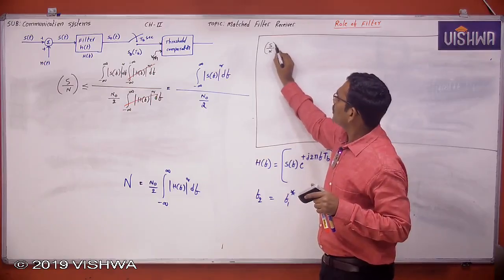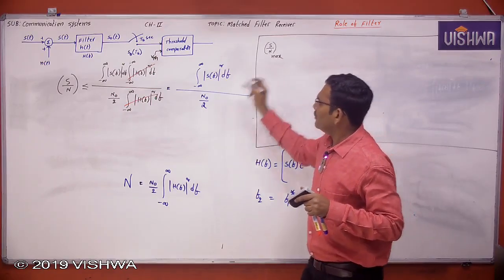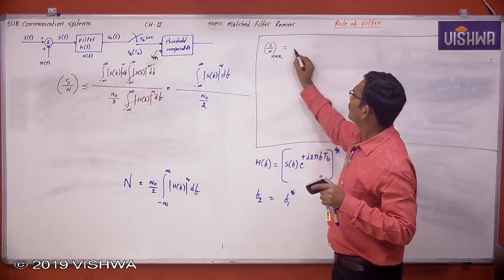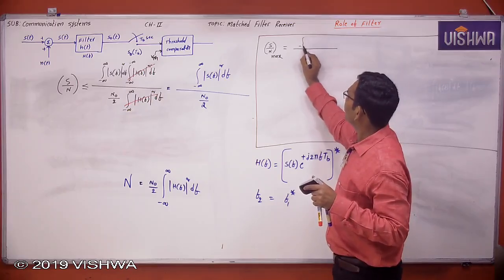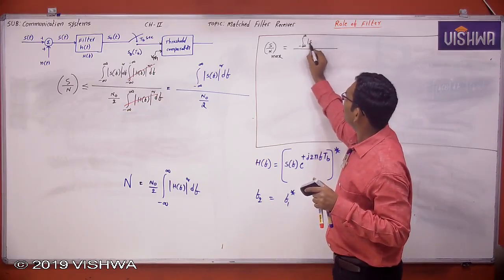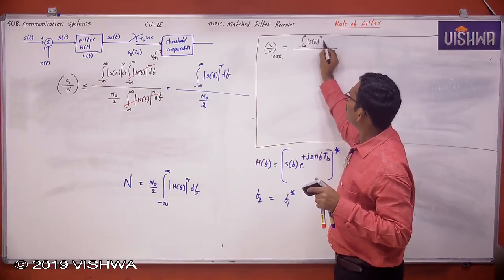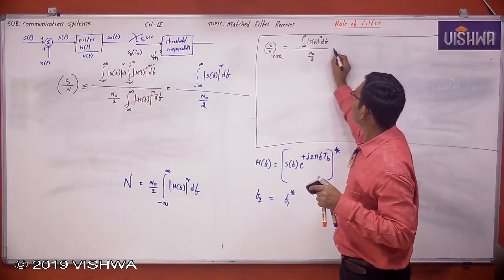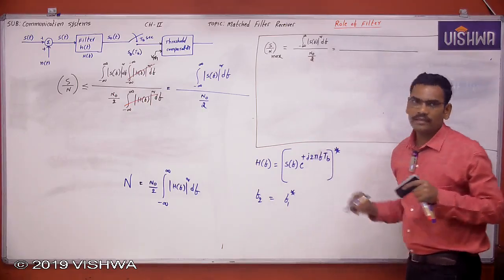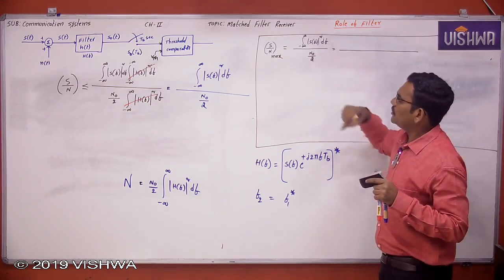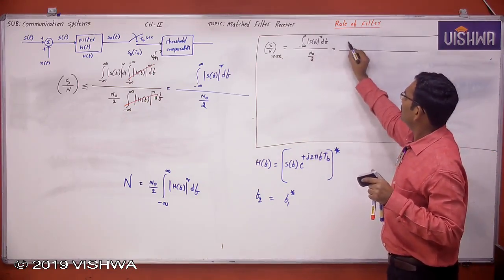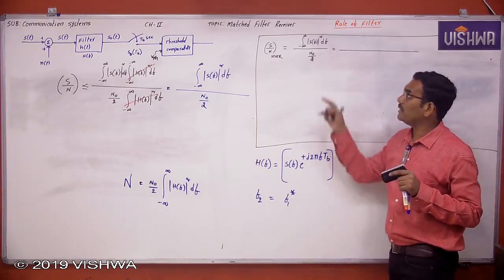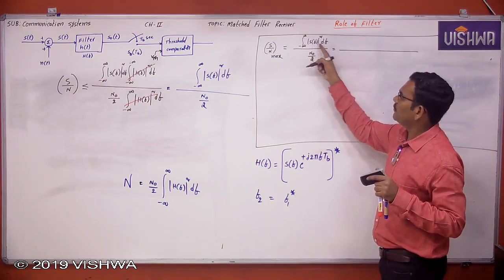So when I ask for the maximum signal to noise ratio, since this is less than or equal to, maximum value means equality. Now this is the integral from minus infinity to infinity of |S(f)|² df divided by N0/2. What is N0/2? It is the noise power spectral density at the input of the filter, and the numerator is the energy spectral density of the signal. |s(t)|² dt is the energy of the signal, but this is in the frequency domain.